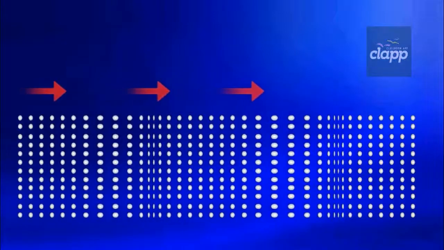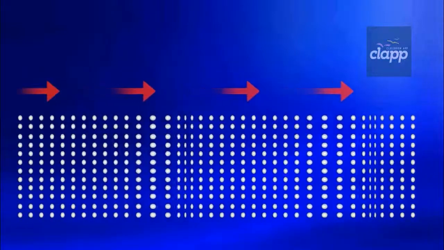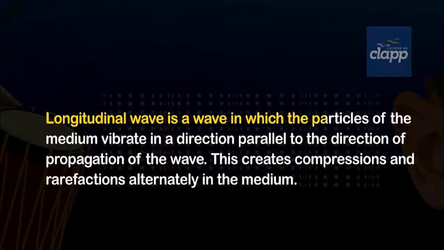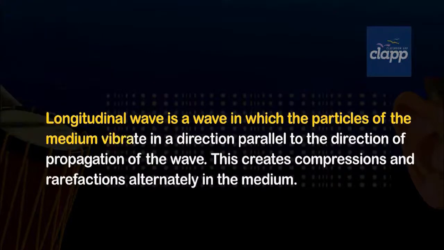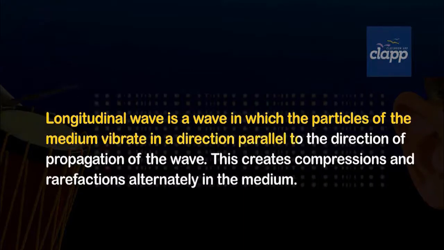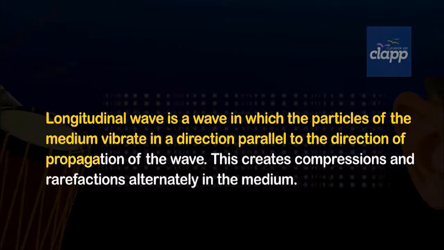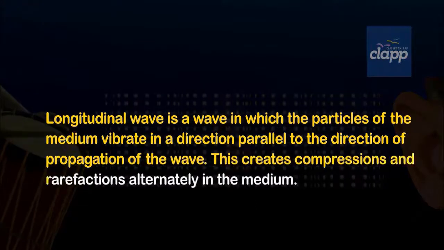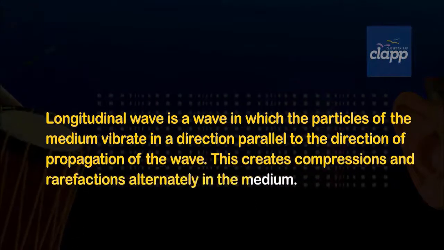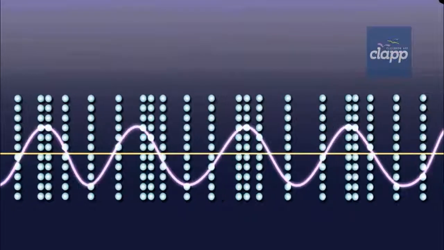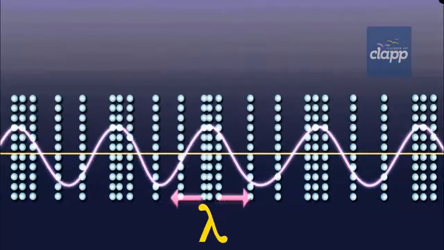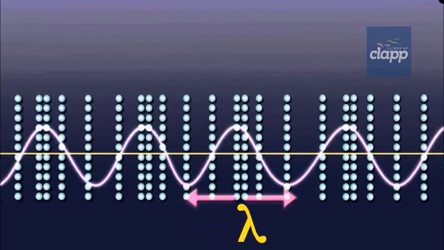This wave is known as longitudinal wave. A longitudinal wave is a wave in which the particles of the medium vibrate in a direction parallel to the direction of propagation of the wave. This creates compressions and rarefactions alternately in the medium. Wavelength is the distance between two consecutive compressions or rarefactions.